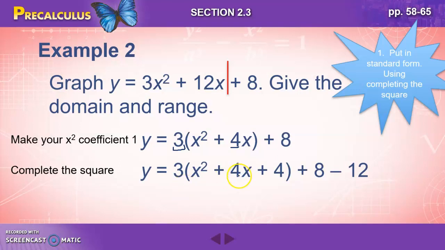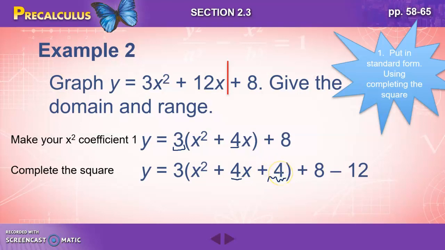We're going to complete the square. We're going to take our b term here, that 4 term, and we cut it in half and then we square it. In this case, taking the 4, cutting it in half, gives us 2, and squaring it just gives us a 4. And we add that inside the parentheses.